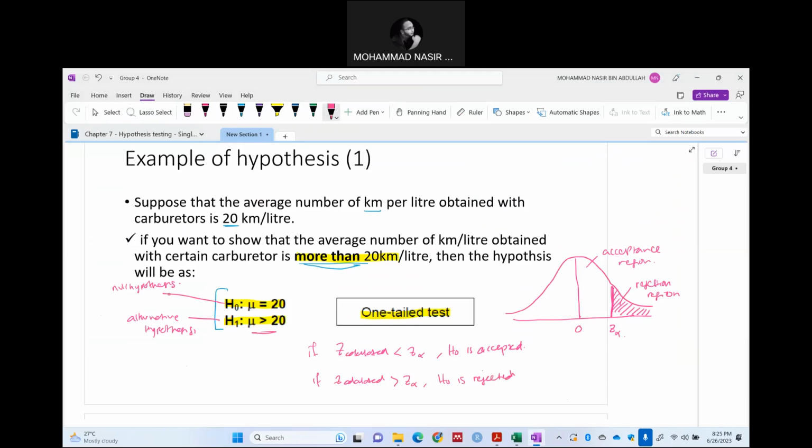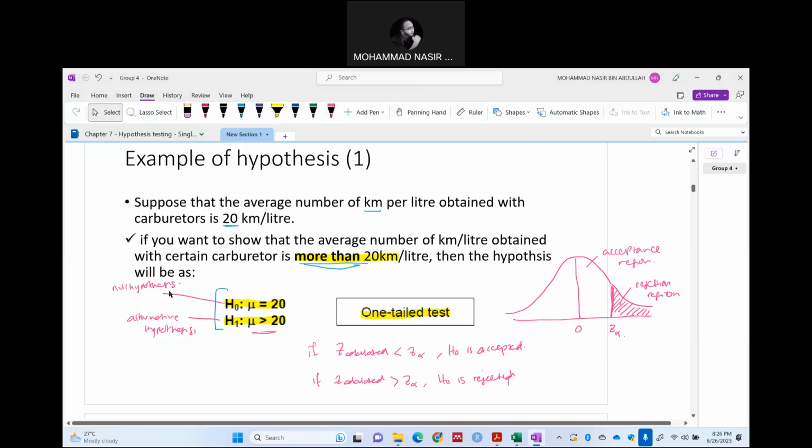So this is the rule whether to accept or to reject the null hypothesis. Of course we need to calculate the Z statistic and the critical region, which is this one, to divide between the rejection region and the acceptance region. Any questions so far?